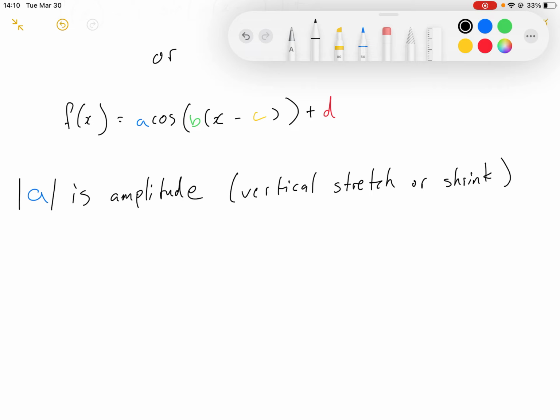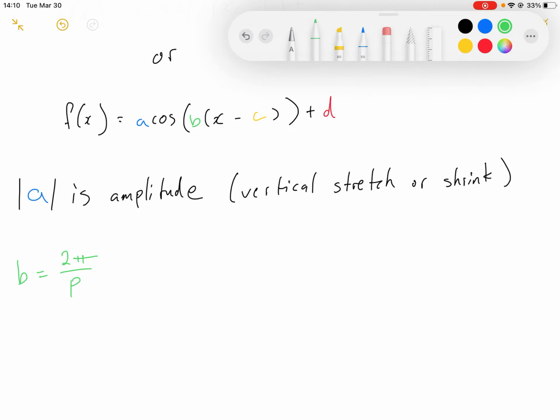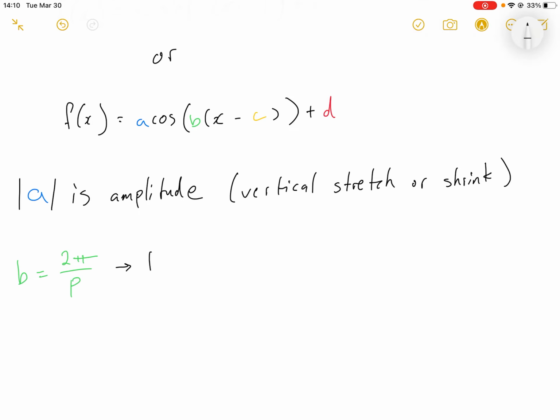The next number we have to look at is B. Now B is related to the period. B actually equals 2 times pi divided by P, where P is the period. So B is not the period. It's really important to notice that. But it is how you would find the period.